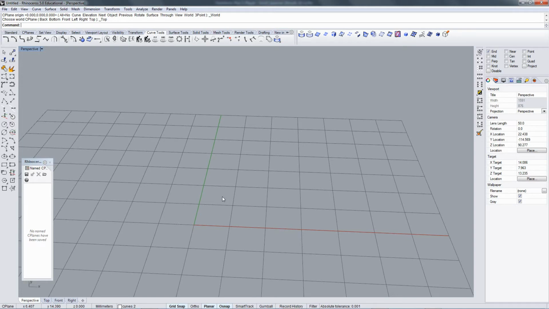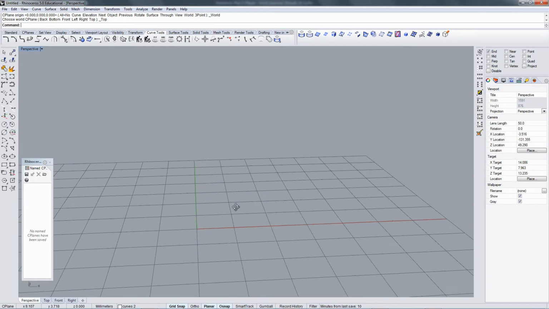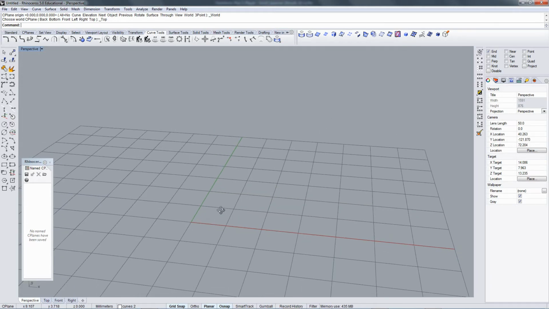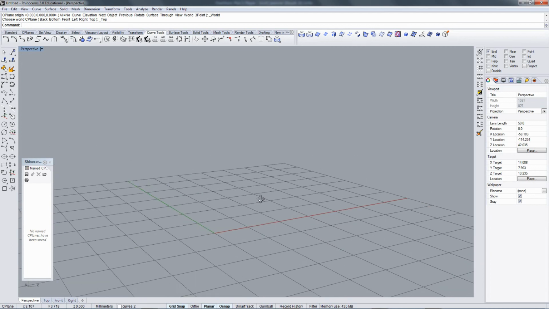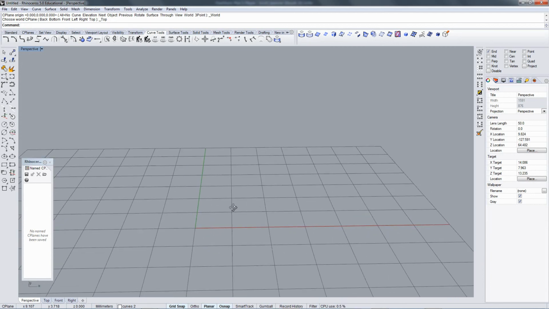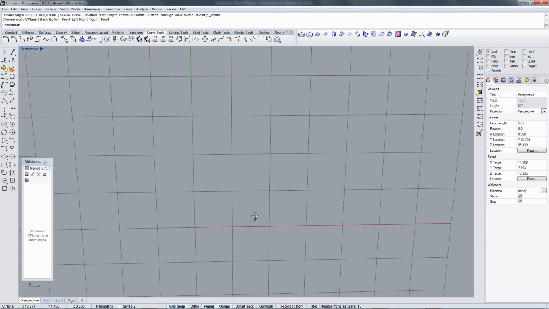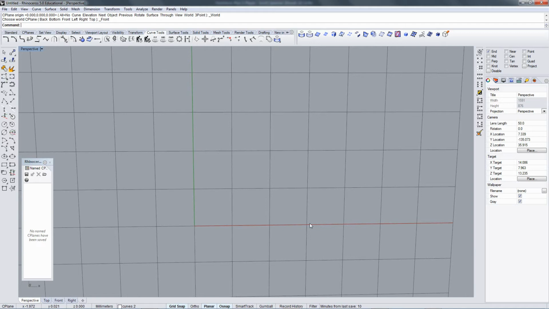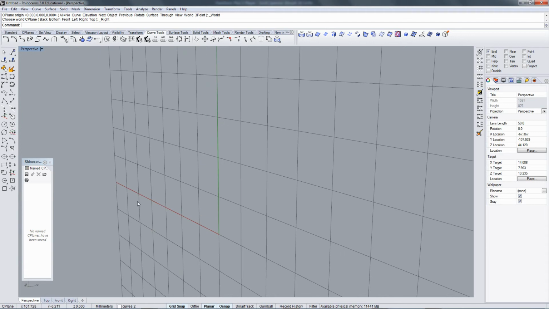Global and local for the top C-plane are the same thing. So if you want to get a good visualization of what the coordinates are in the world coordinate system, have your top C-plane active. But all C-planes, when you activate a different C-plane, are going to display a local coordinate system of X and Y.